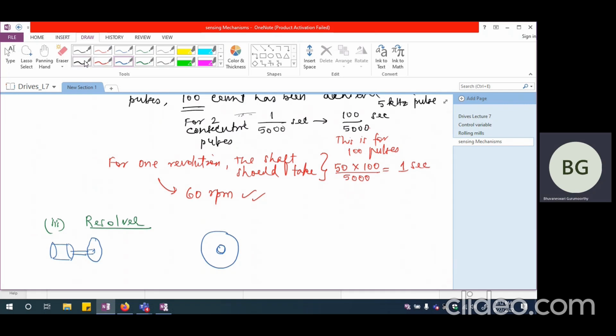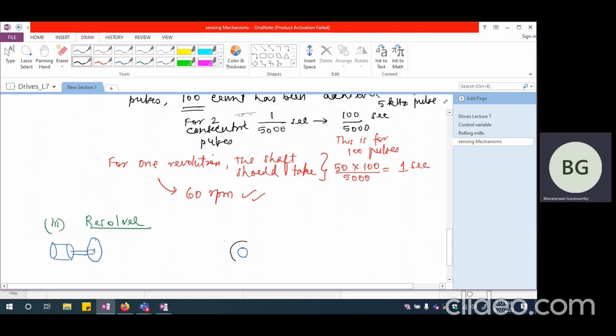Now in this disk, I'm going to have multiple concentric circles drawn. Let me redraw this because it has not come out okay. So this is the first circle, which is the shaft.